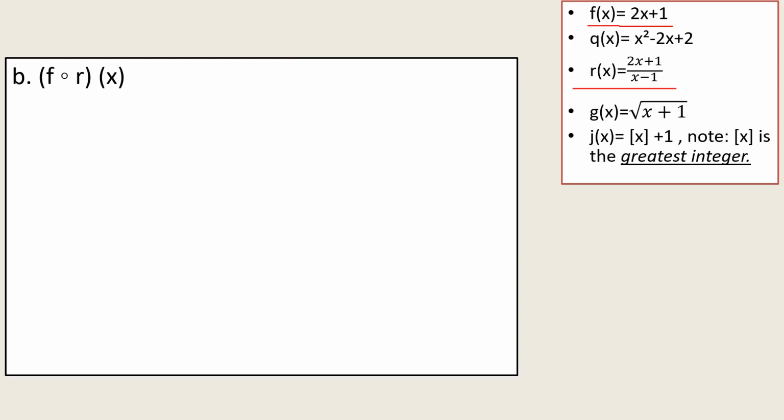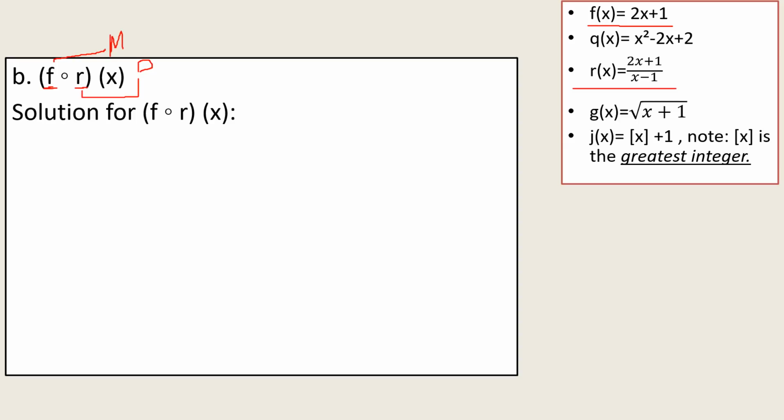Yun yung gagamitin natin. So, ano yung unang function? Function f. This would be our main function. Tapos, si r of x naman, this would be our domain. So, lahat ng x ng f, papalitan natin ng value ng r. Okay? So, let's have the solution na.